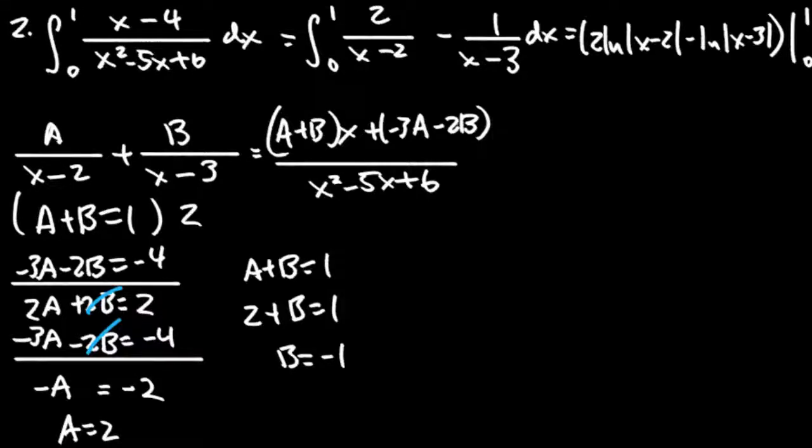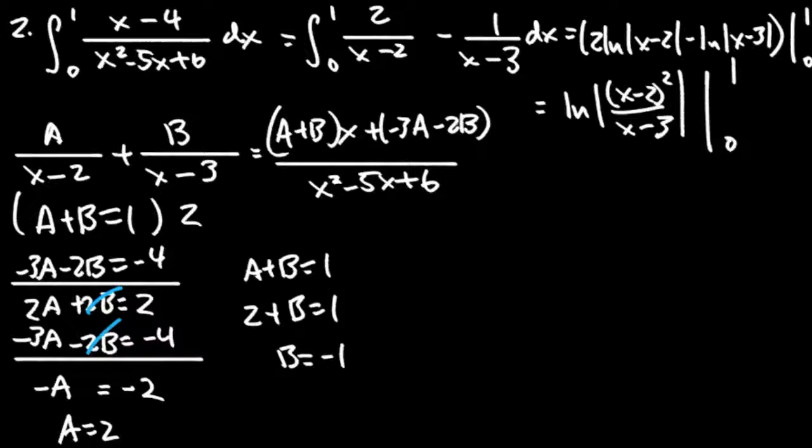Okay, so then we can combine that to one logarithm if we did this. So you can kind of pause the video to get that if you need to. Because I basically moved the power up to here, so that's x minus 2 all squared, and then did the whole division thing.